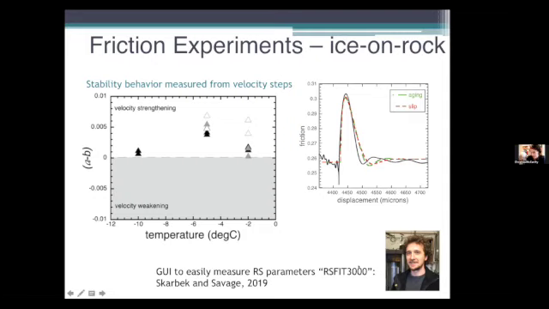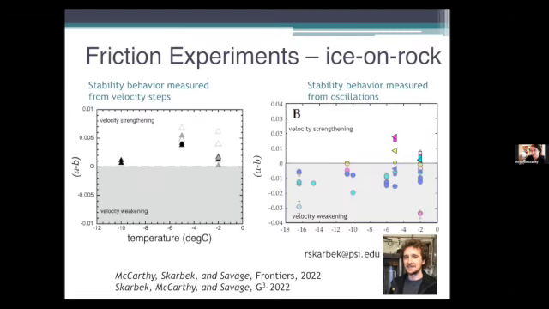He was inspired by the results from the lab to tweak this and use that same program, but instead look at the oscillatory data. This has a couple of great effects. One is that he gets a lot more data. I just had that one velocity step, but he's able to pull out the rate state values from all of those different oscillations at different amplitudes and frequencies.